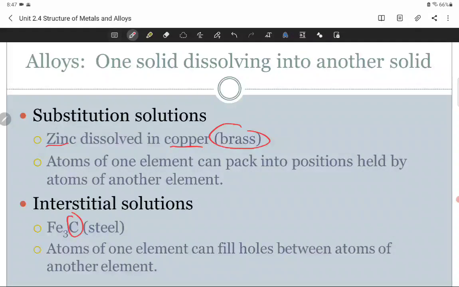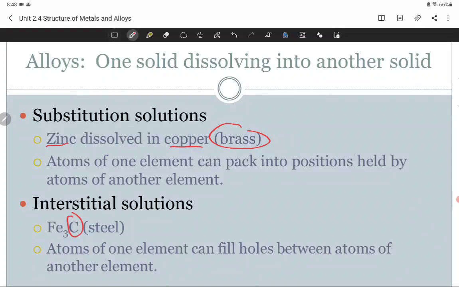Now, depending on the composition, how much zinc and how much copper, there are different types of brass depending on what you're trying to accomplish. But it's going to have some properties of zinc, some properties of copper, and some properties that zinc or copper don't really specifically have. Like, for instance, a brass instrument: you can't really play that with zinc. You can't play a copper instrument, but you could play a brass instrument.